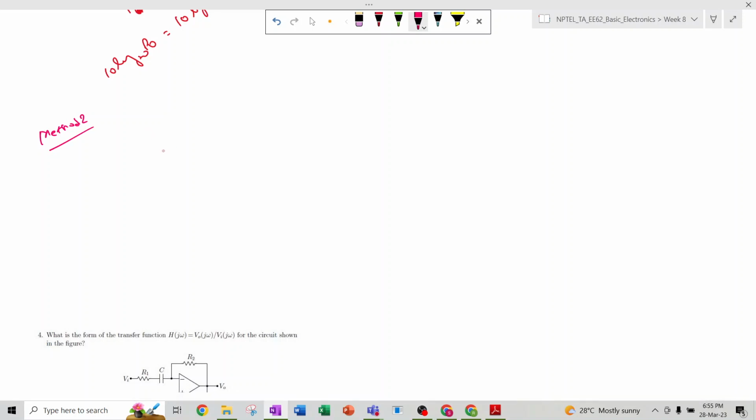So this is the circuit. Here it is ground.